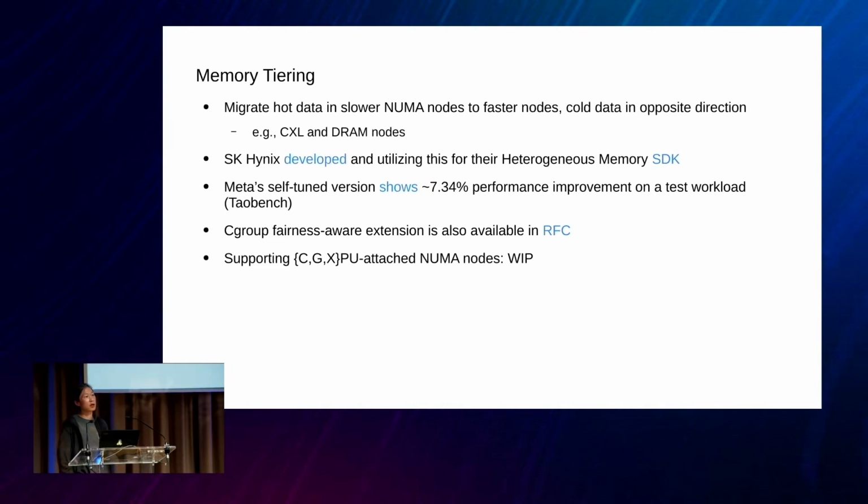There are more ongoing works in this area for C-group fairness aware extensions, and we are also trying to extend DAMON to monitor not only CPU-oblivious access, but also information containing the access originating CPUs, so that we can extend this not only to CXL-like memory tiering, but to more general NUMA balancing use cases, supposing GPU or CPU attached NUMA nodes.